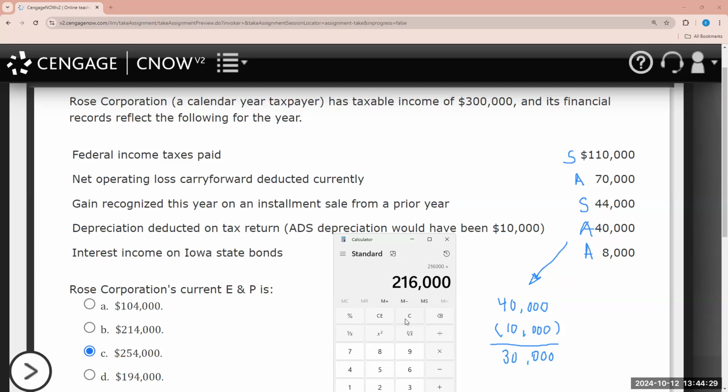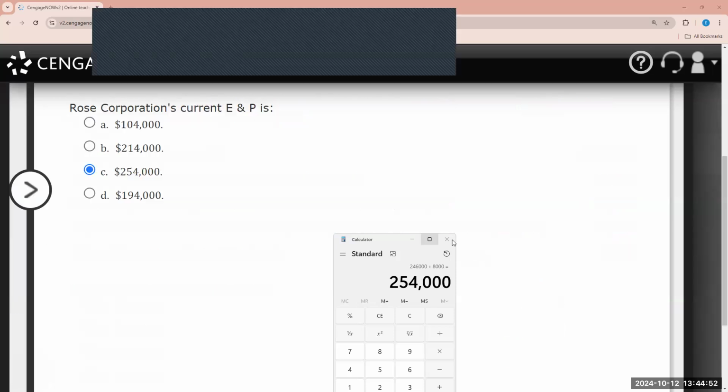We add the difference between the excess of depreciation deducted on a tax return over the ADS depreciation, which was 30,000. And then we add the interest income on Iowa state bonds, which gives us Rose Corporation's current E&P of $254,000. All right, and this brings us to our last question.